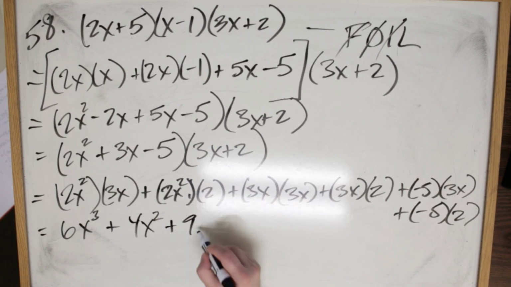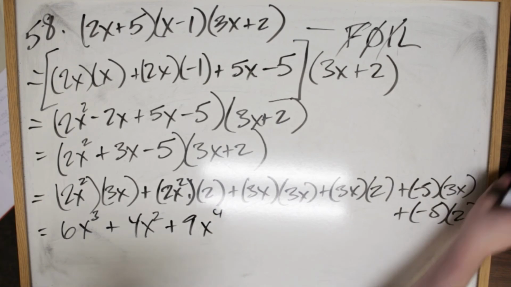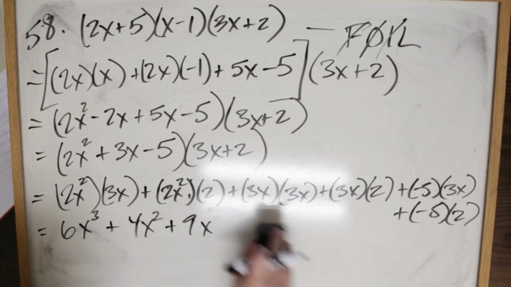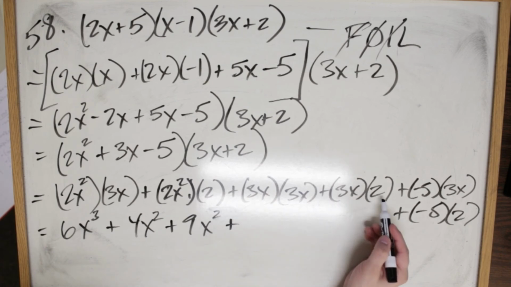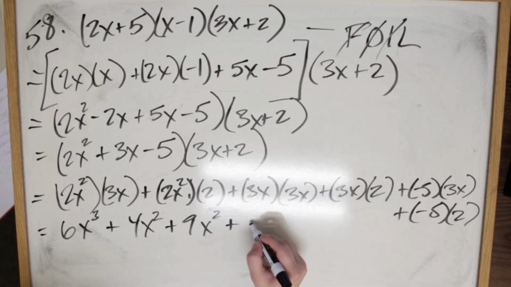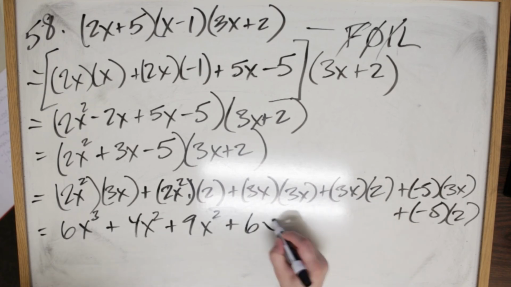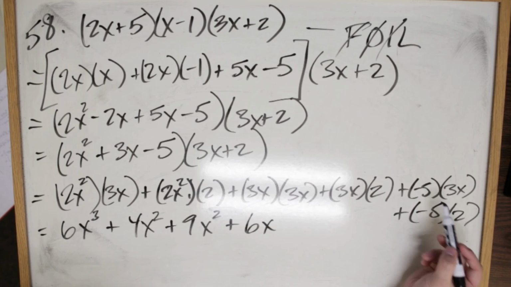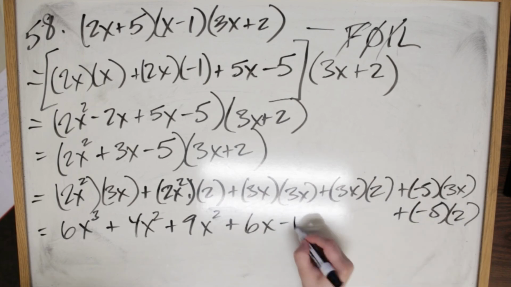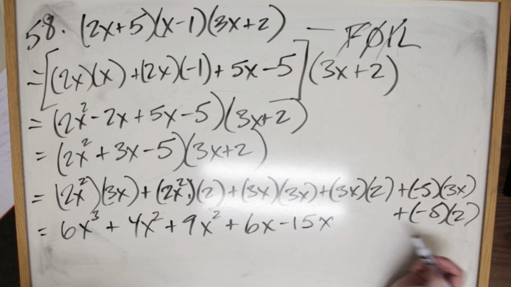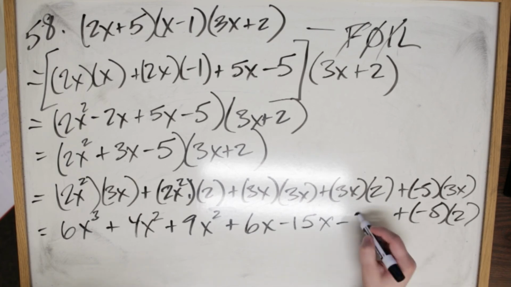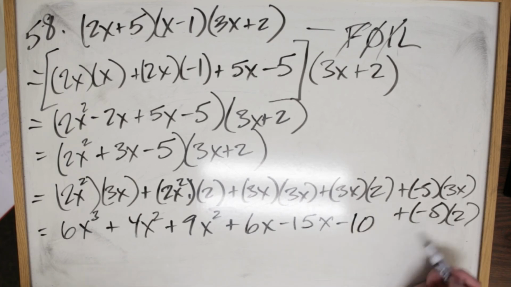X times x is x squared. Plus 3x times 2 is going to be 3 times 2 is 6. X is just going to follow along. Minus 5 times 3 is minus 15. X right there. And then I have a minus 10, which is minus 5 times 2.